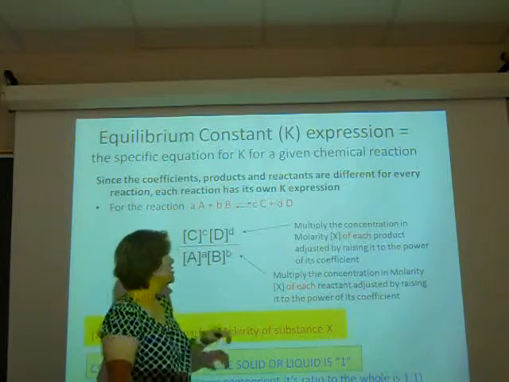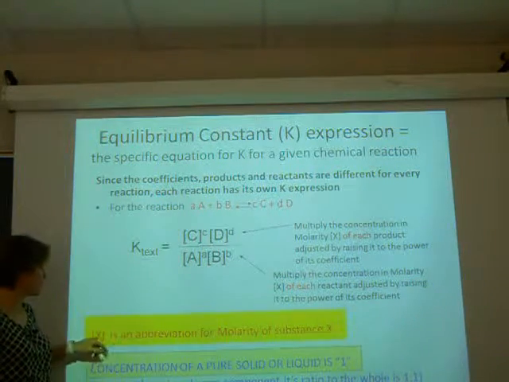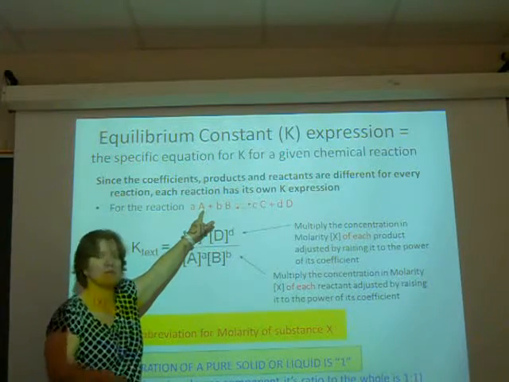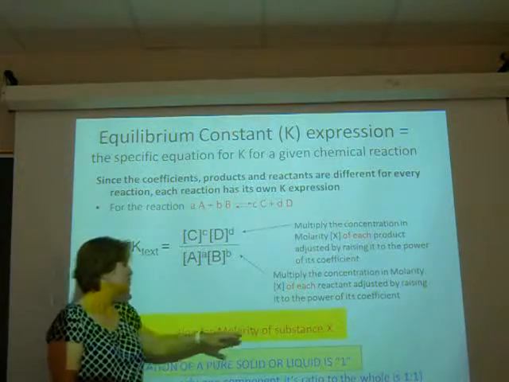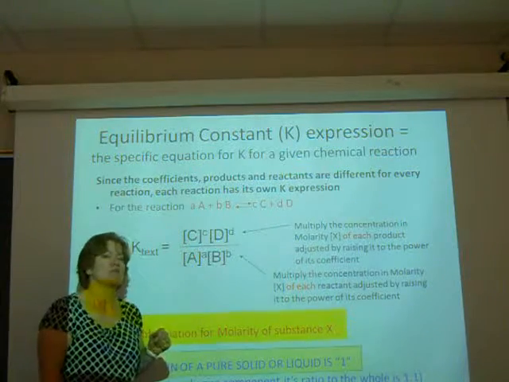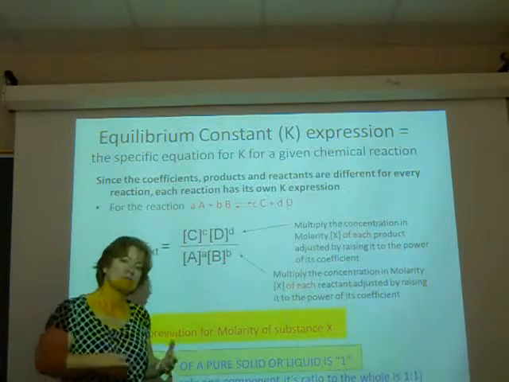Let's be careful here. If I put brackets around a chemical formula, say A, which is a chemical like water or sodium chloride, it's now referring to the concentration of that chemical, so the molarity of that chemical. This is now a number of moles per liter of that solution.